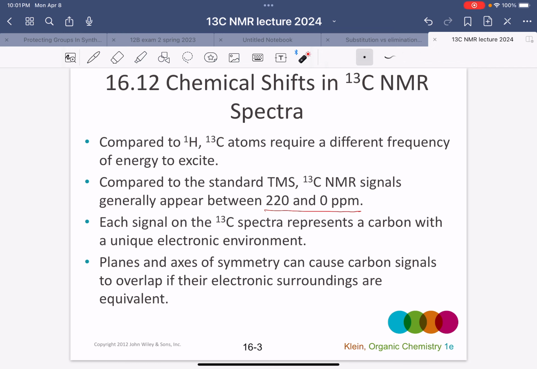And just as we had with protons, each signal in the spectrum represents, in this case, a carbon with a unique chemical or electronic environment. And like with protons, if we have any kind of symmetry, that can cause carbon signals to overlap if they're symmetric carbons.